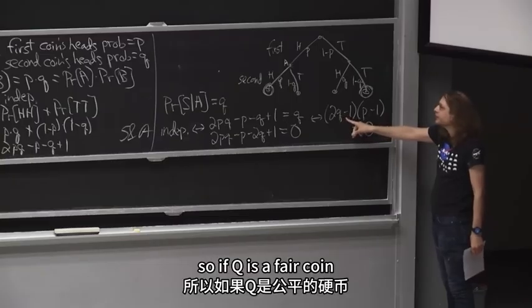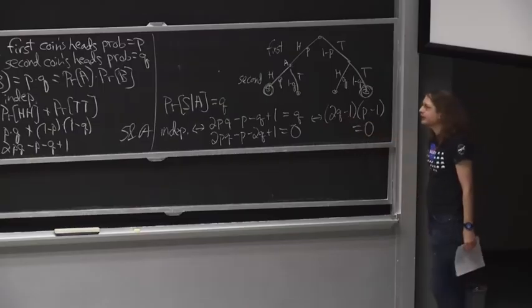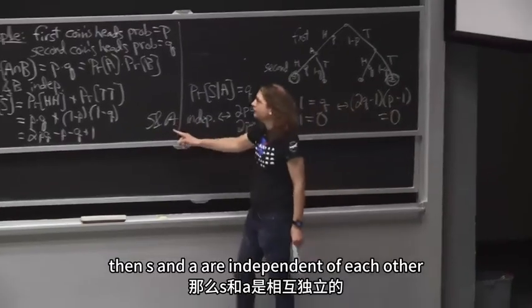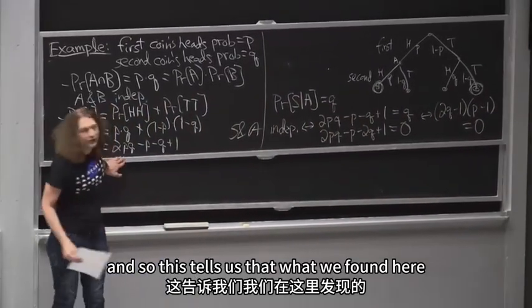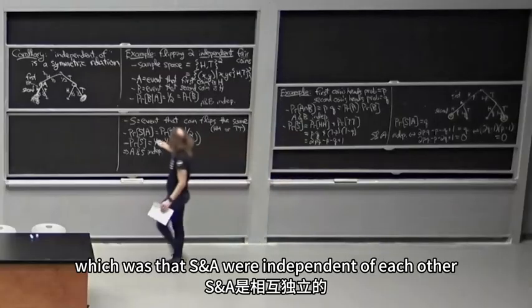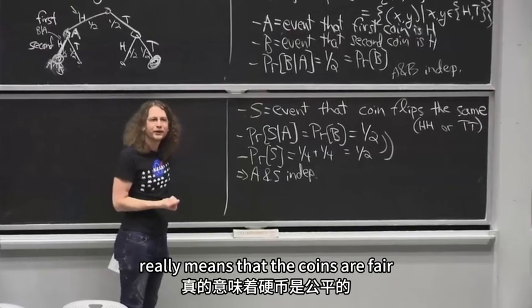So if q is a fair coin, sorry, if the second coin is a fair coin, then S and A are independent of each other. And so this tells us that what we found here, which was that S and A were independent of each other, really means that the coins are fair.